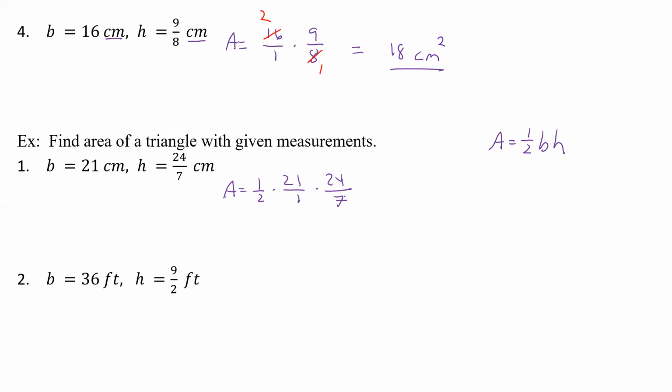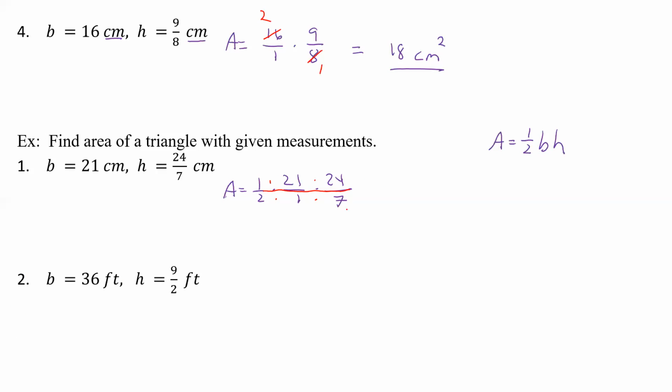So we have 3 things we're multiplying, but that's not anything different than if we had factored and had 6 things to multiply together, times y, times some other stuff. So this isn't any different than that. It just looks in a different format. But again, remember, that's just all going to be one fraction, and we're just multiplying all those together. So 1 times 21 times 24, and 2 times 1 times 7.